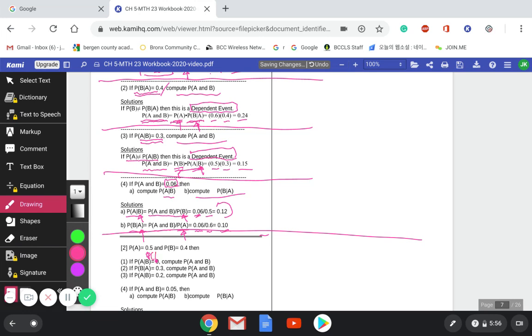Then find probability of A and B. But number 2, if probability of B given A is 0.3, find the probability of A and B. Number 3, if probability of A given B is 0.2, compute probability of A and B. And number 4.